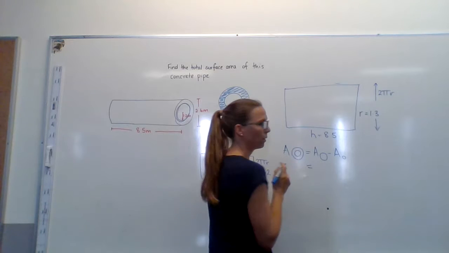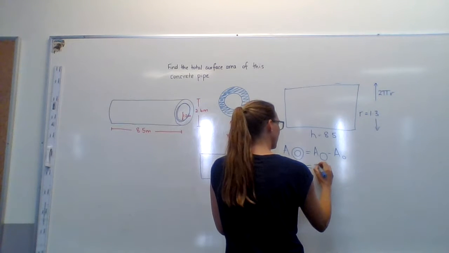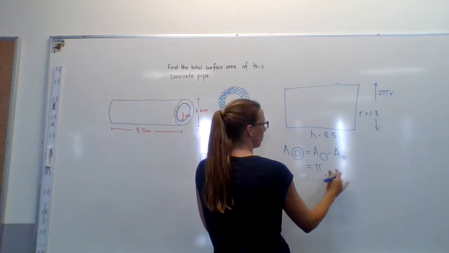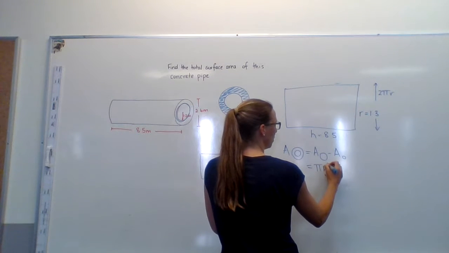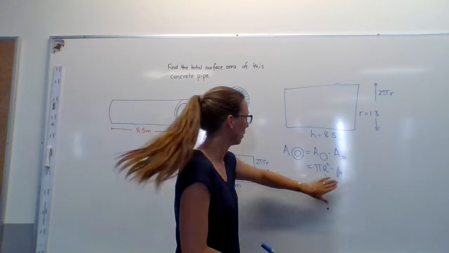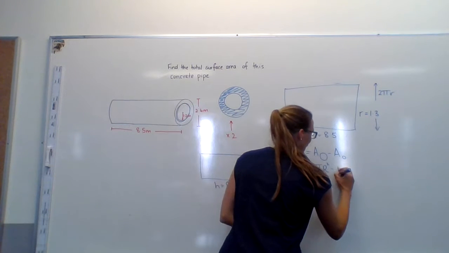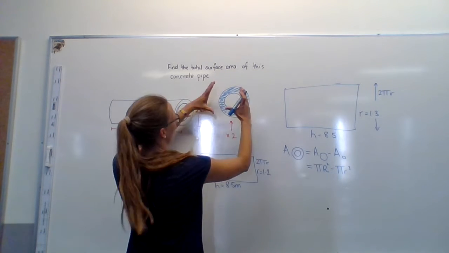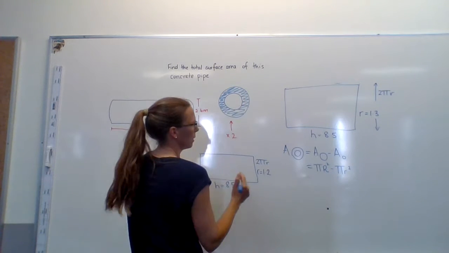An area is pi r squared. Because we've got 2 circles, I'm going to use a capital R for the big one and a small r for the little one. So I'm taking that big circle and removing the little circle from it.